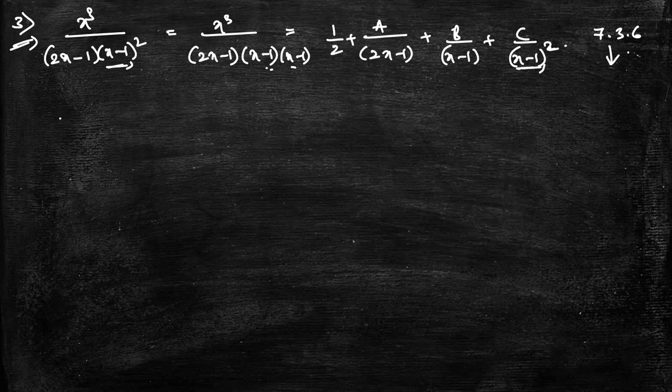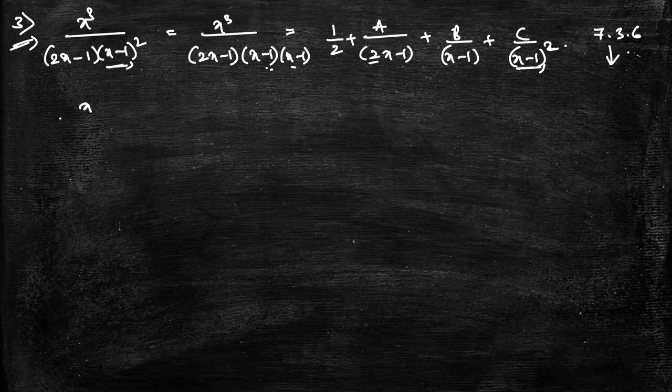Since the degree of the numerator is equal to the degree of the denominator, the fraction is improper, that's why we take this. This is given in example 7.3.6, in all the problems. Now I will do the solution.